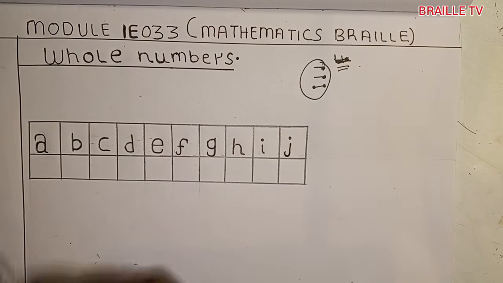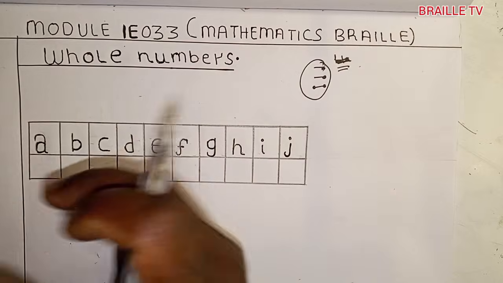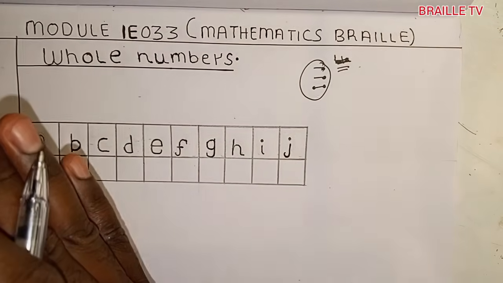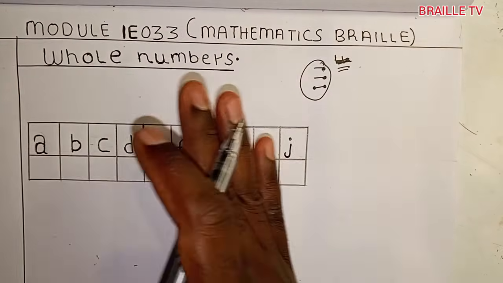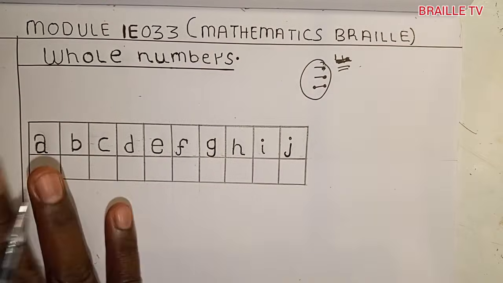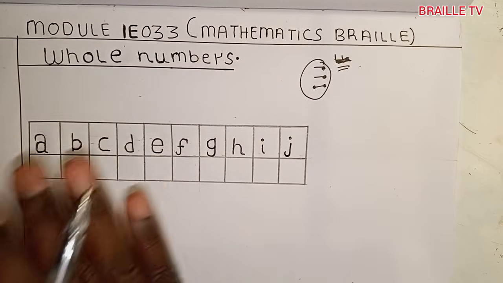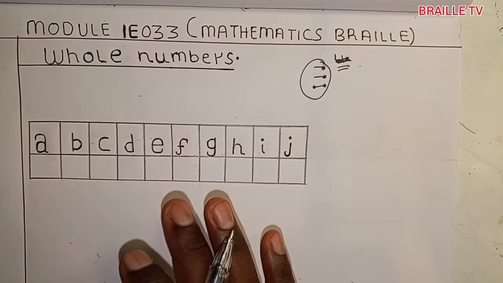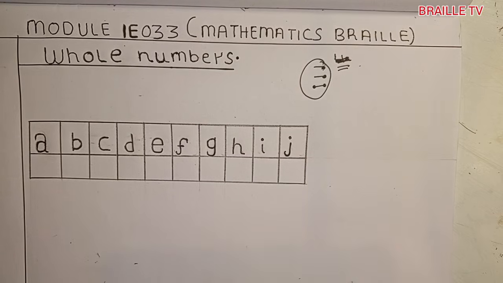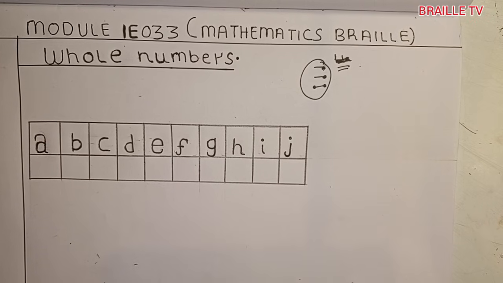Now, listen. In mathematics in Braille, when it comes to numbers, there are no dots that represent numbers. Therefore, we use letters of the alphabet to denote numbers. I'm saying there is no special way of writing numbers in Braille, but because we must represent numbers, we use letters of the alphabet.